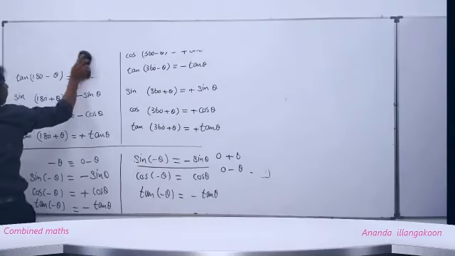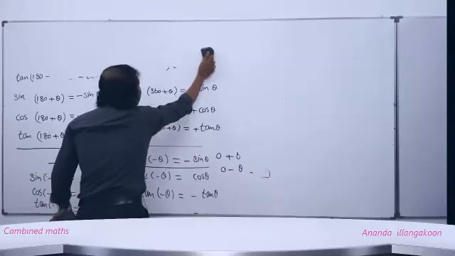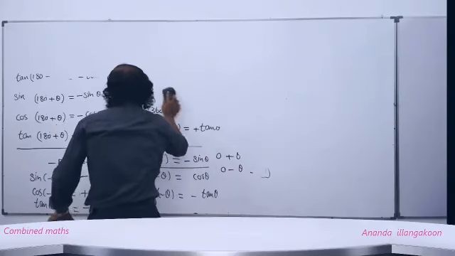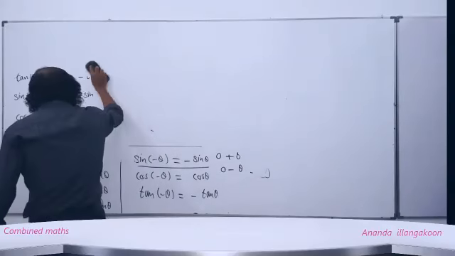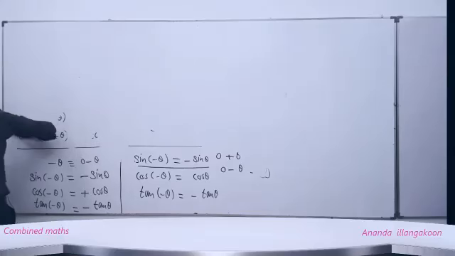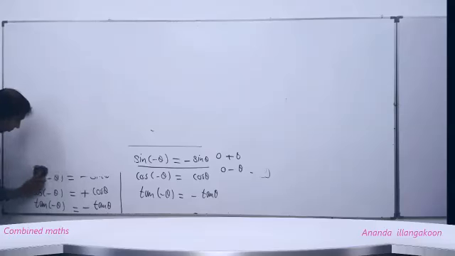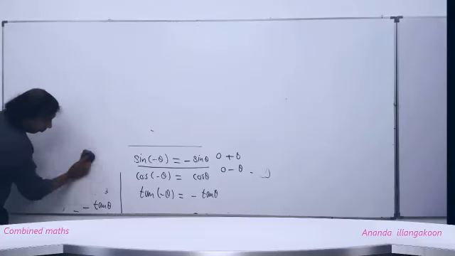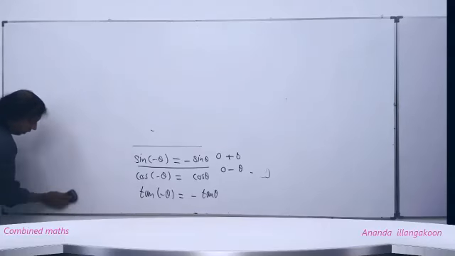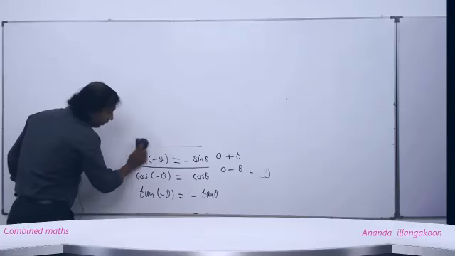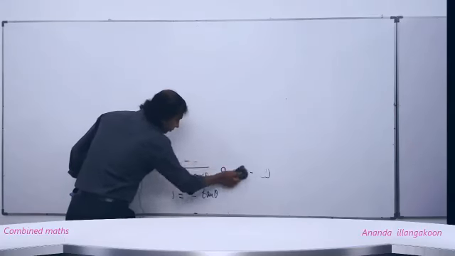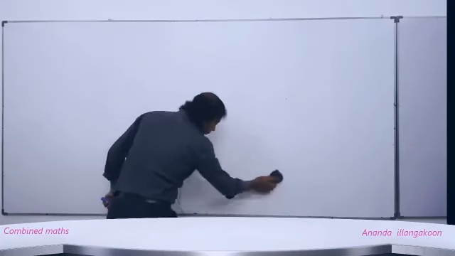That is this. Right, people, now when we consider a right angle triangle, right angle triangle means the triangle which has a 90-degree angle in it. Right.